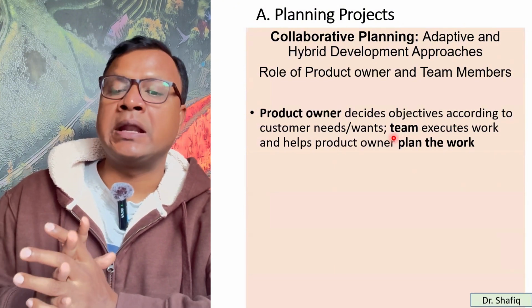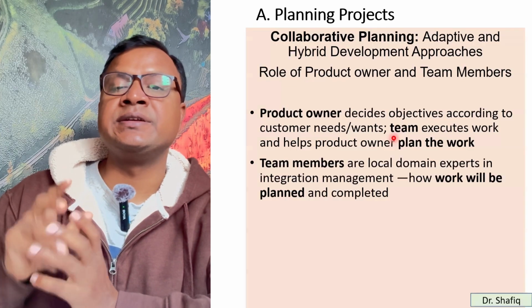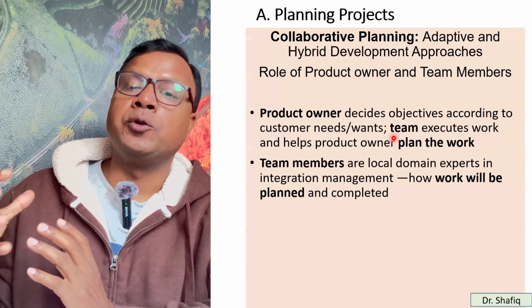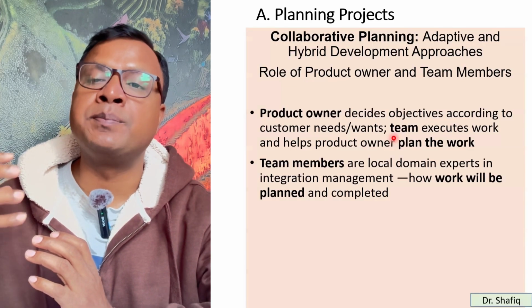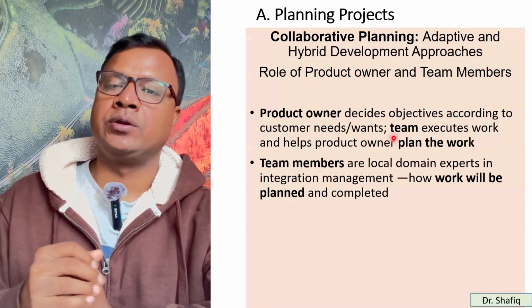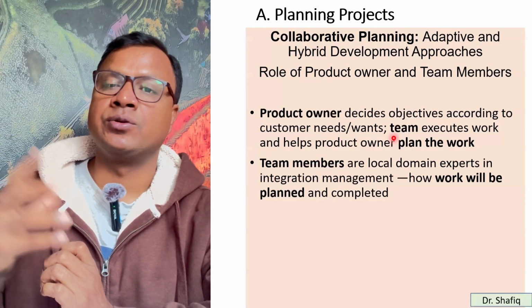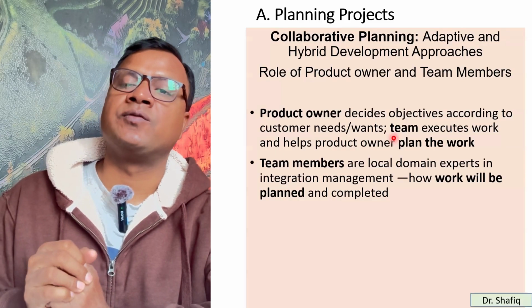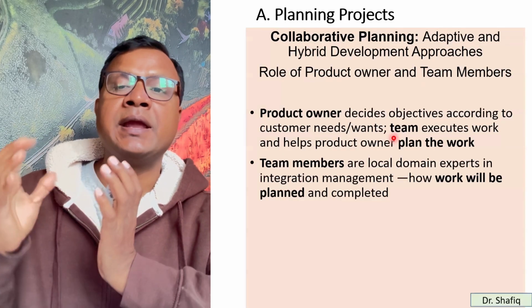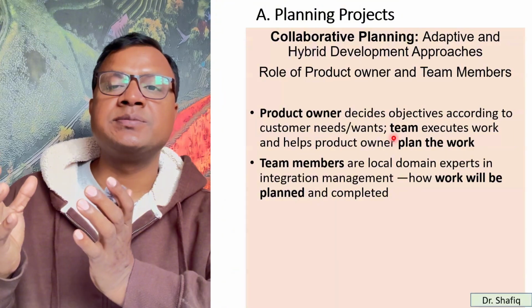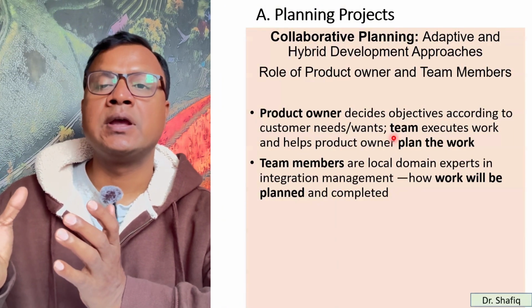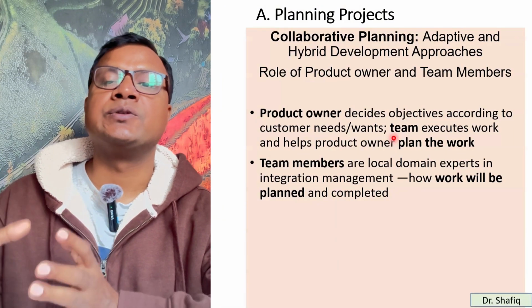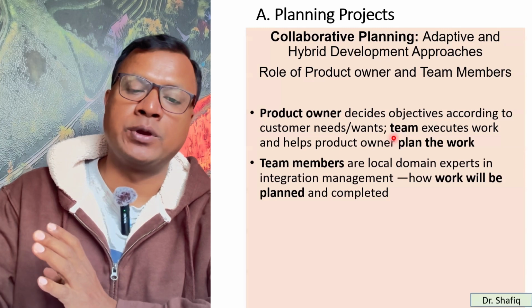So team members are local domain experts in integration management, and they know how work will be planned and completed. So execution and implementation of work is the task of the team. But the planning, defining objectives, defining stories, explaining stories, all these tasks are done by the product owner.